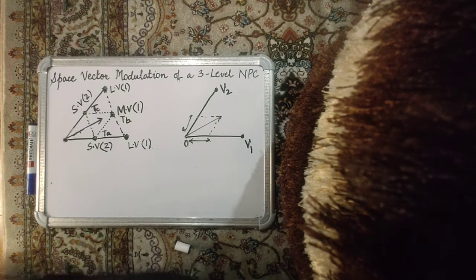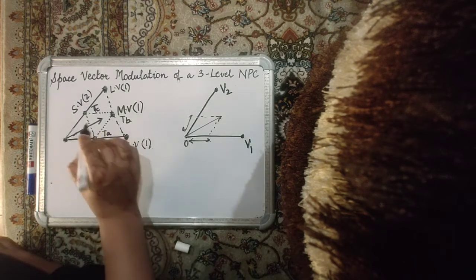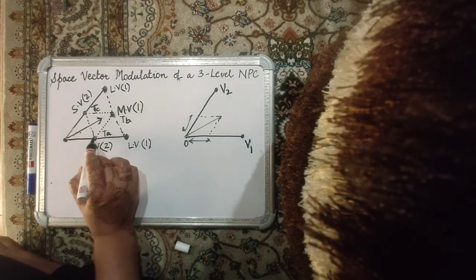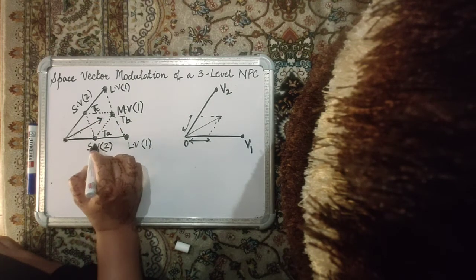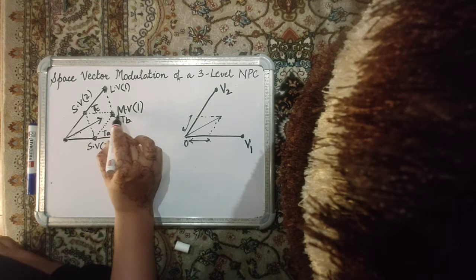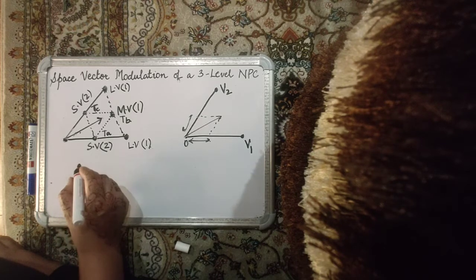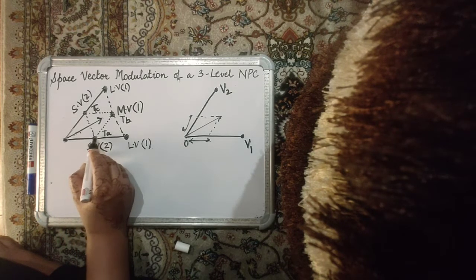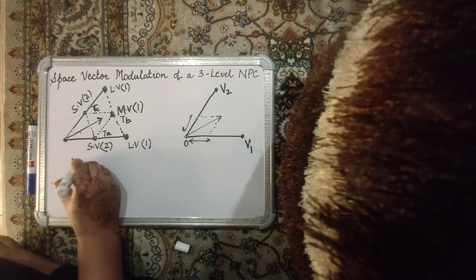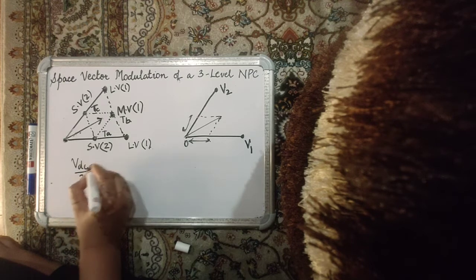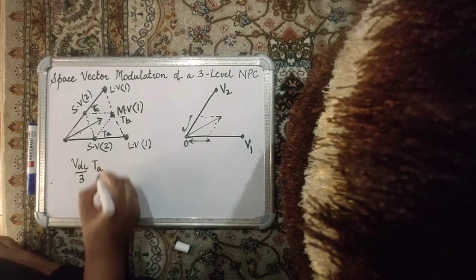Now suppose your reference space phasor is somewhere lying in the middle triangle, and you have to switch this state for ta, this state for tb, and this state for tc. So you can simply write: if you switch this particular small vector, you will switch Vdc by 3 for the time interval ta.